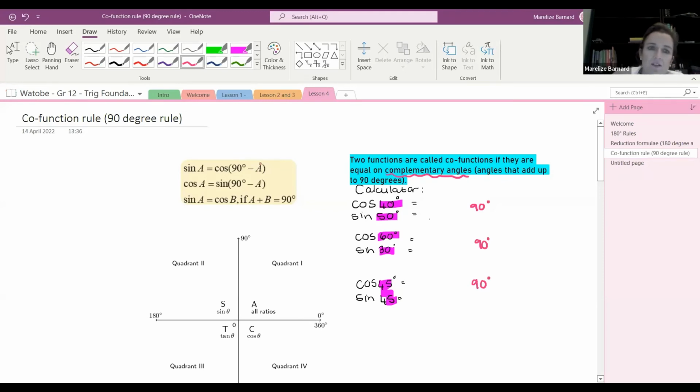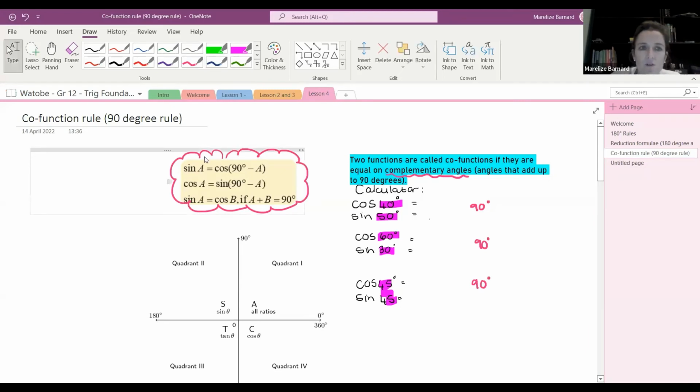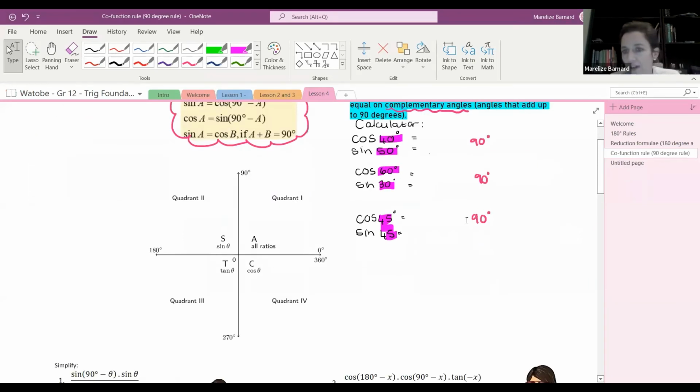If you want to, you can write down this little note here. Basically, the cofunctions and the 90-degree rule are the same thing. If you remember from your grade 11 trig, the cofunction rule and the 90-degree rule are the same thing. So how does this work?